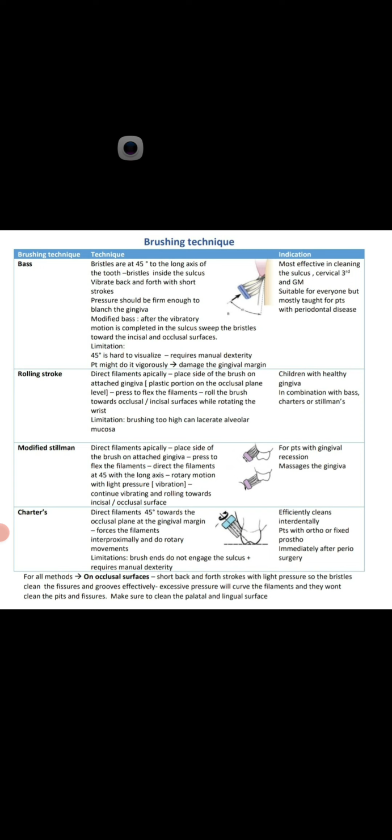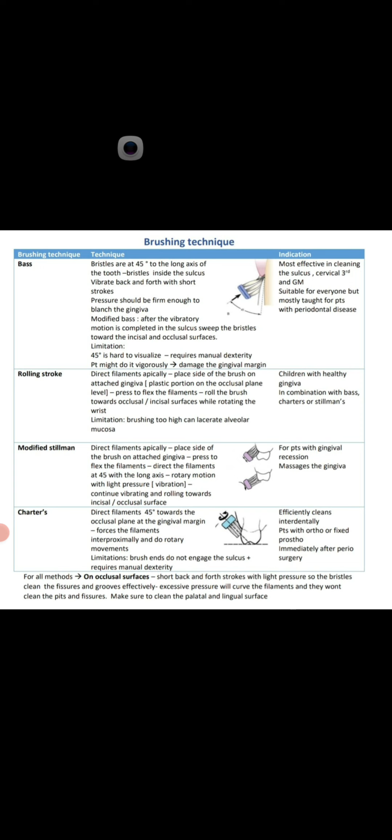Next is the modified Stillman method. What is the modified Stillman method? It is like the Bass method, but what is the difference? In the modified Stillman method, again we keep the brush at a 45 degree angle, but we do not place the bristles inside the gingival crevice or sulcus.